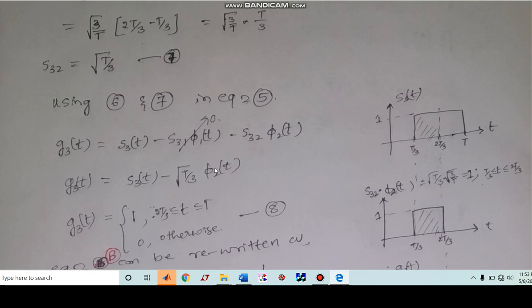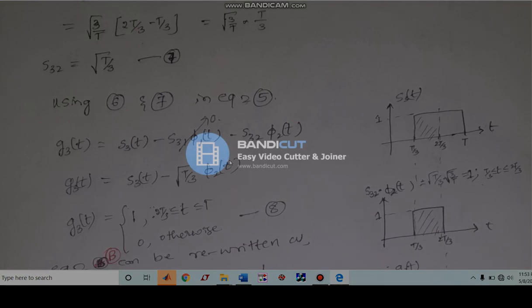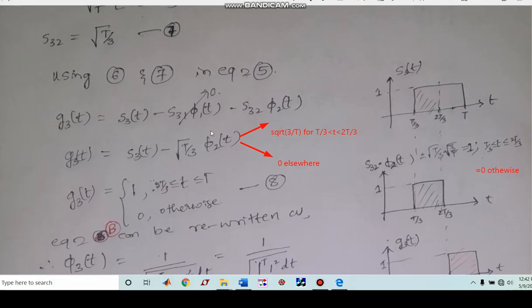This value I have substituted, but phi 2 of t takes two values. In the interval t by 3 to 2t by 3, it will take square root of 3 by t. If we consider this interval, what happens here?